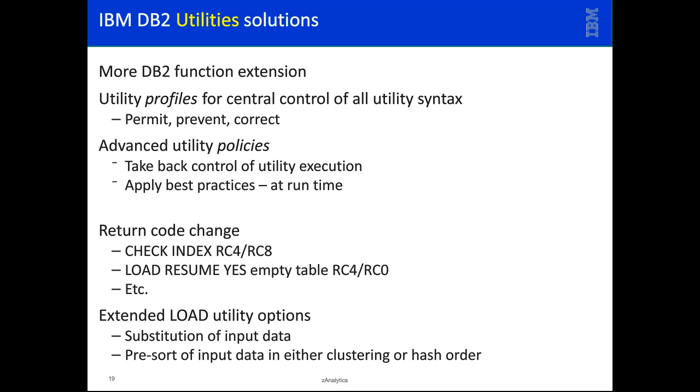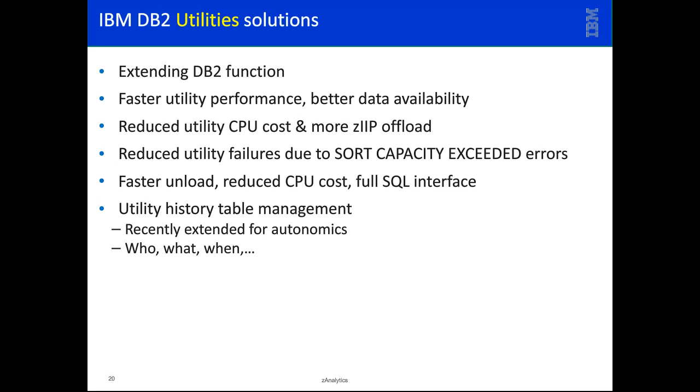On this slide, I'd just like to tell you about the extension of our functions again. Faster utility performance, better availability through all the solutions that I've shown you. To reduce CPU and more offload. This has been our strategy, and this is what we continue to deliver not just on DB2 but with ongoing maintenance. Reduce your utility failures due to sort capacity exceeded. We provide this with DB2 Sort today, and it's available today for all versions of DB2.